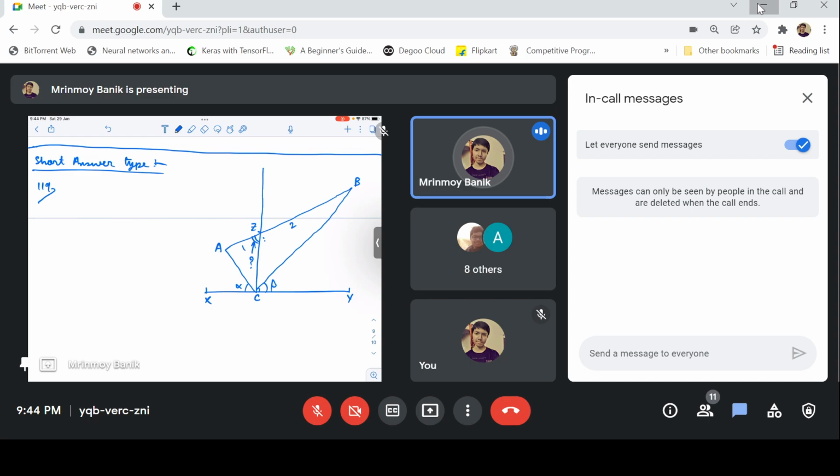Sine Z is again sine theta. Sine C is cos beta. This was cos alpha, this is cos beta.